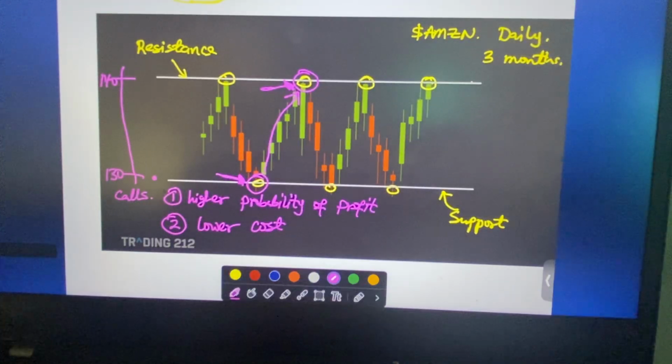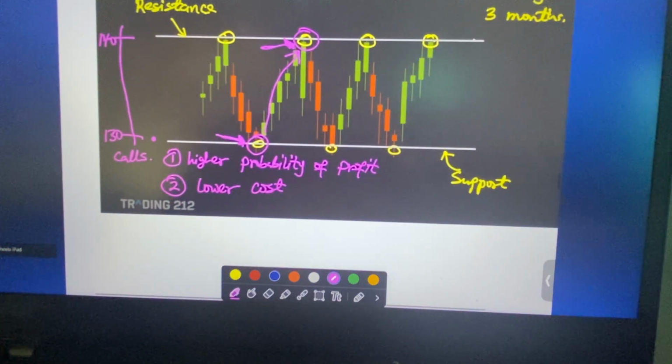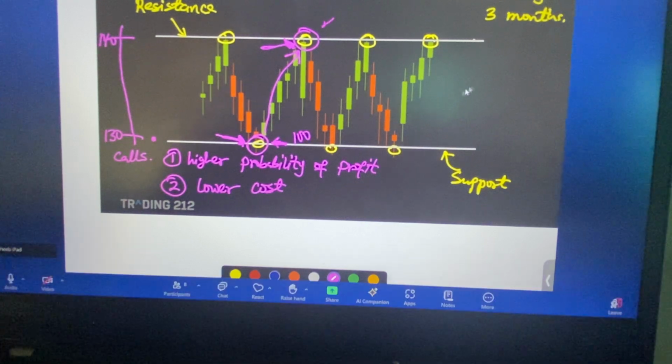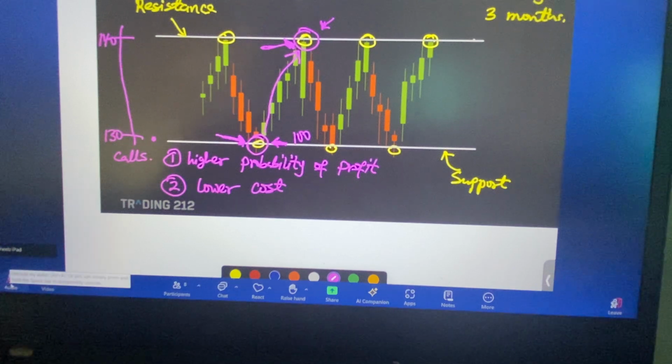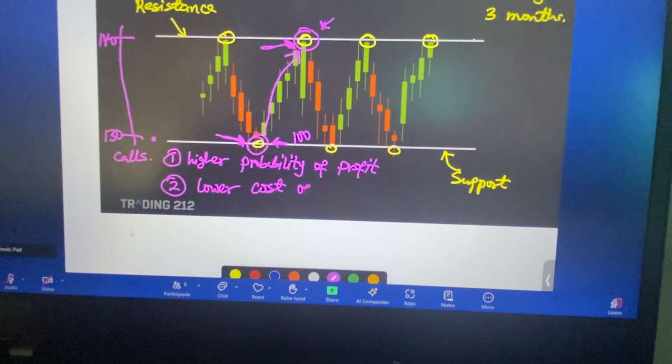No. Because if you bought in here, let's say $100, whoever is trying to enter in here is not going to be paying $100 for sure. I can tell you that. They're going to pay way more. So this gives you a lower cost of entry by getting in at that support level.